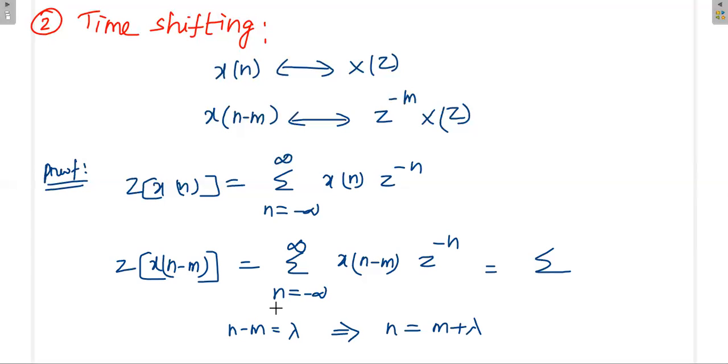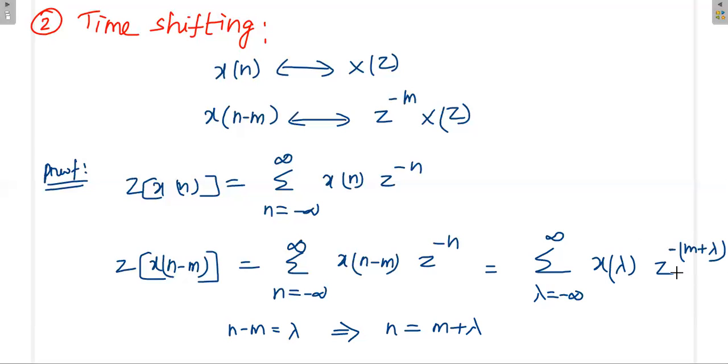Okay, so n is going from minus infinity to plus infinity, so that's why the new variable lambda also will go from minus infinity to plus infinity. x of n minus m I can replace with x of lambda. Then z power minus n I can replace with z power minus m plus lambda.